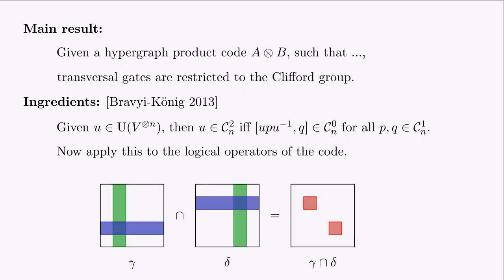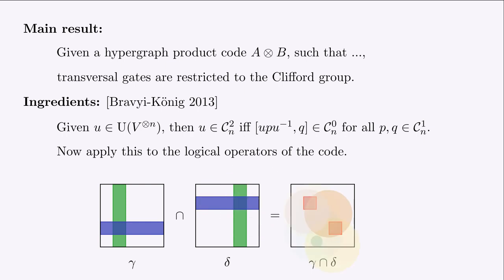And what this is going to look like is that we're going to demarcate some regions on our code, and this region is where our P operator is going to live, and then this region is where our Q operator is going to live.